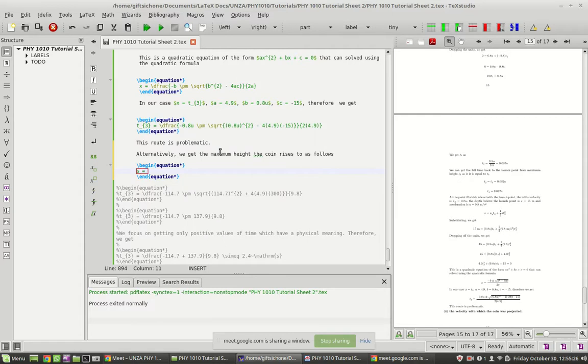S is equal to 1/2 times uy plus vy, multiplied by T1.